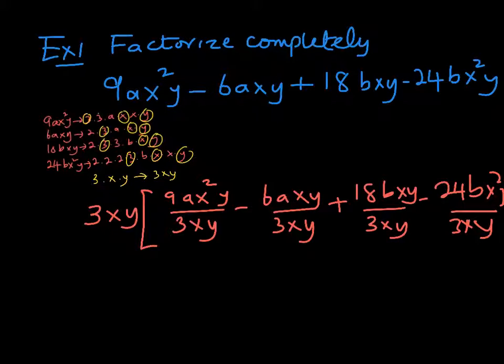So the y's cancel out, the x cancels out one of the x, and then 3 goes in 9.